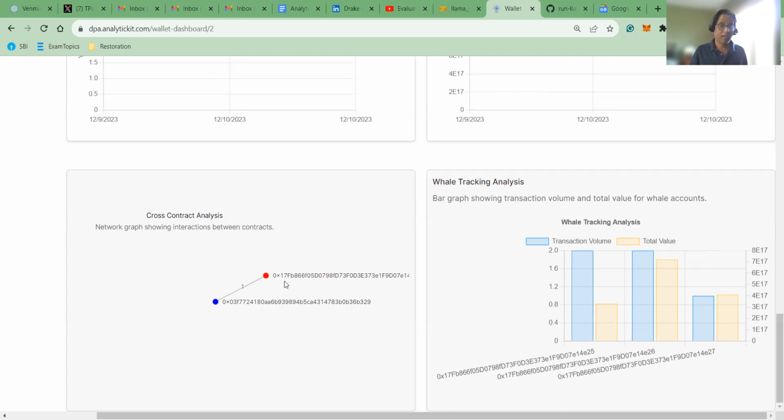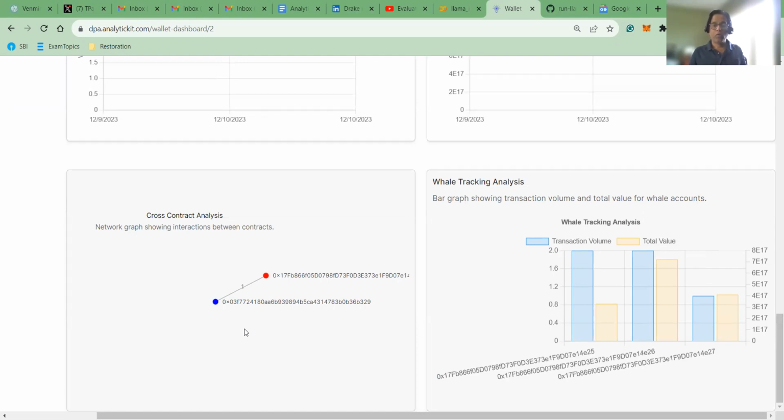For example, the 17 is the wallet address because I know that is the test data we created for this presentation, and this one is the contract address. Eventually we are going to create the UI in a much better way for you to understand which one is the wallet address, which one is the contract address, and which one is your own contract versus your competitor's contract address. You can drill down and analyze all this information.